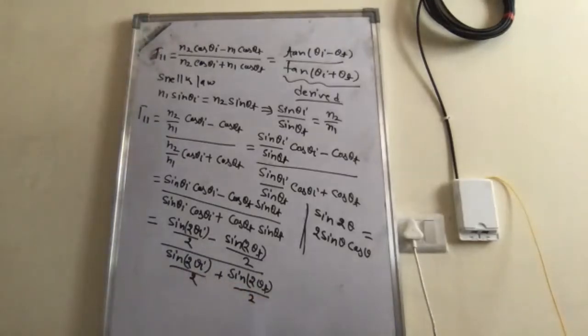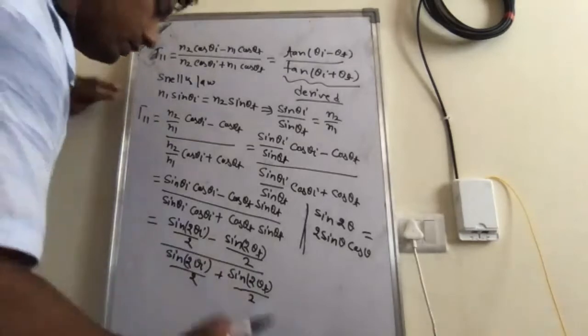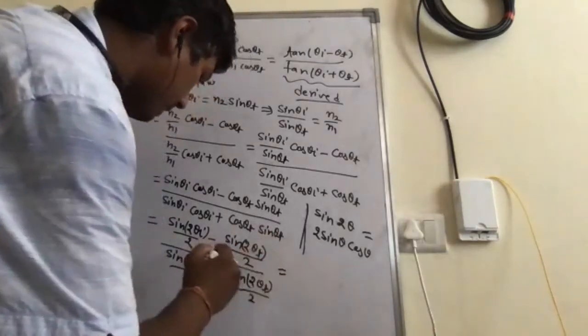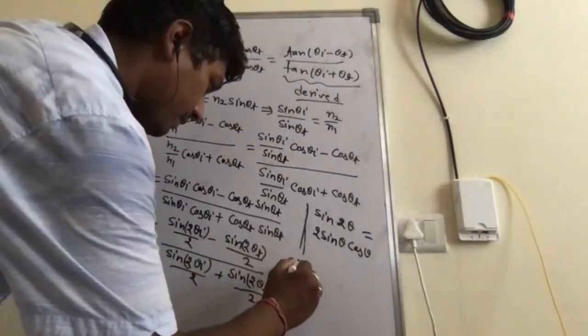So 2 will cancel out from both the numerator and denominator.